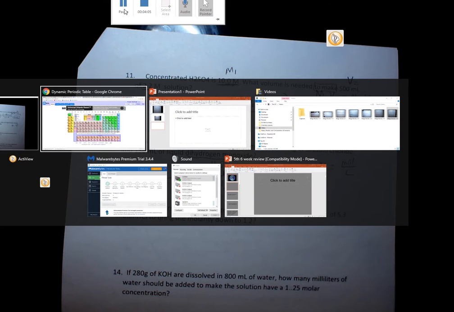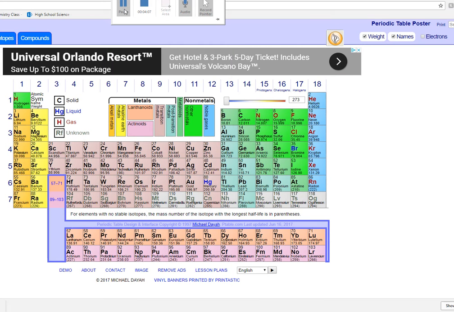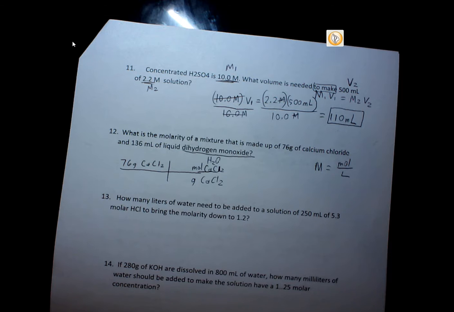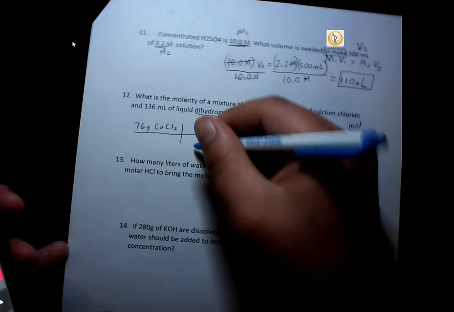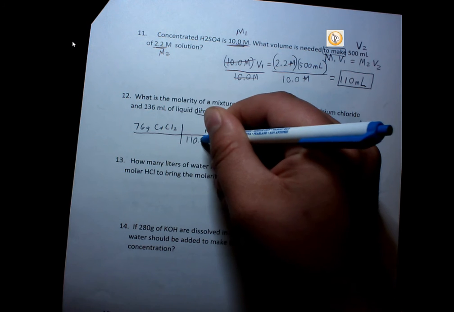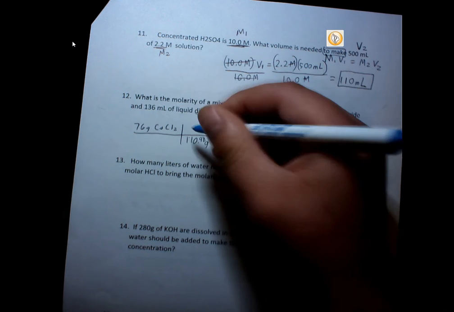Calcium. We have 40.08 plus chlorine 35.45 times 2. We end up with a mass of 110.98 grams of calcium chloride.